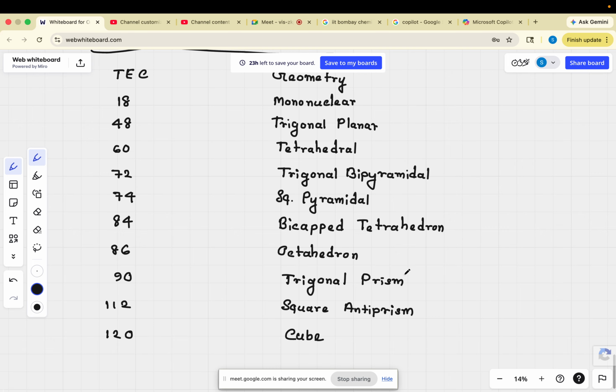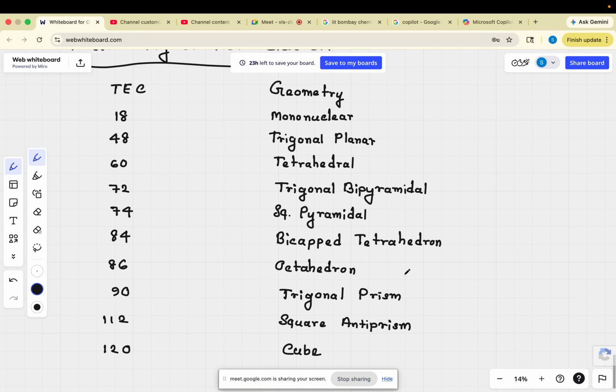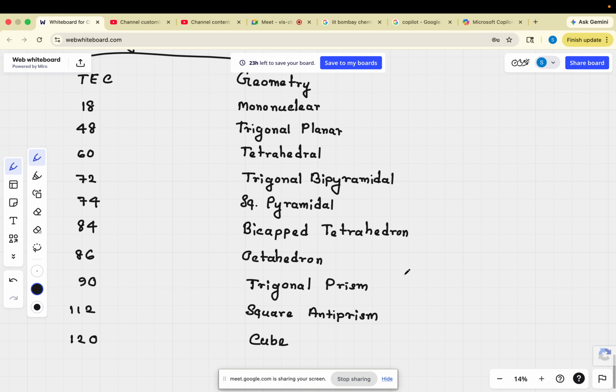So we have a trick to remember this. First of all it starts from your mononuclear, so write down here M. Now you have 3 times T, right? Trigonal planar, tetrahedral, trigonal bipyramidal. So write down MT3.